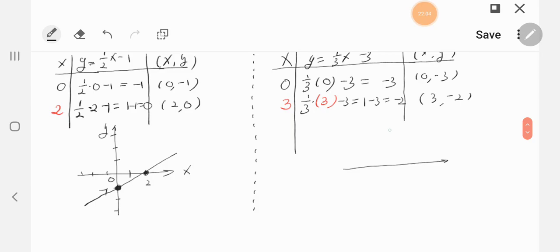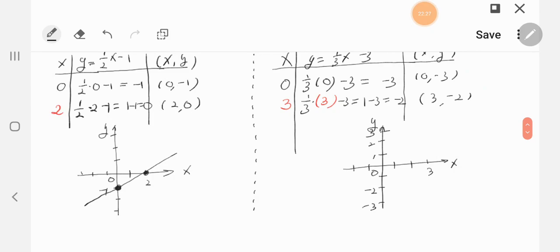So this is the x-axis, and the y-axis, with 1, 2, 3 and negative 1, negative 2, negative 3, and so on.